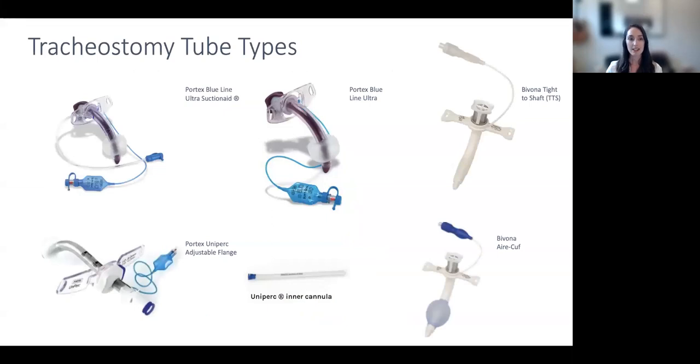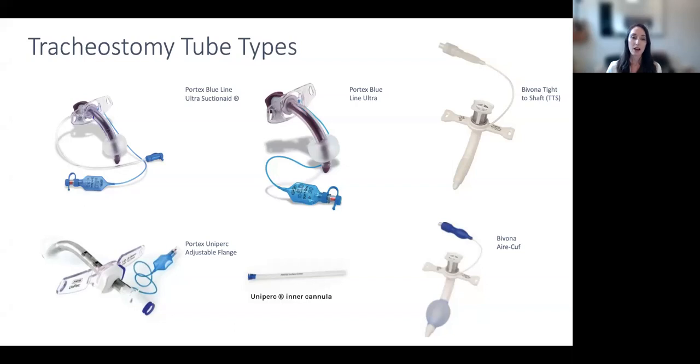There's a whole variety of tracheostomy tubes available. And in this slide, I'll draw your attention to just several tubes that we tend to use quite frequently at Austin Health. The Portex Blue Line Ultra Suction Aid tube is one that we tend to use frequently. It does have an additional line coming off it, which allows for aspirated secretions that pool above the cuff to be cleared without necessarily needing to deflate the cuff.